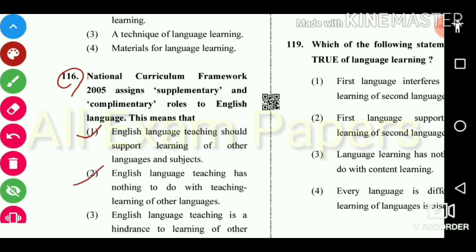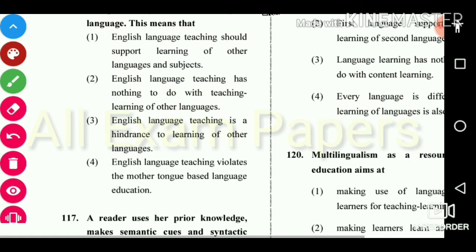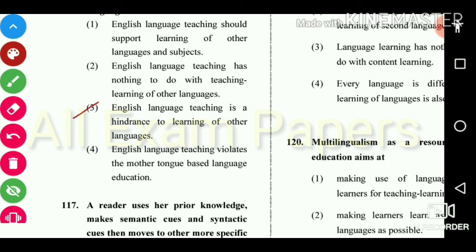Second is English language teaching has nothing to do with teaching learning of other languages. Third is English language teaching is a hindrance to learning of other languages. Fourth one is English language teaching violates the mother tongue based language education. And the correct answer is option number 1.